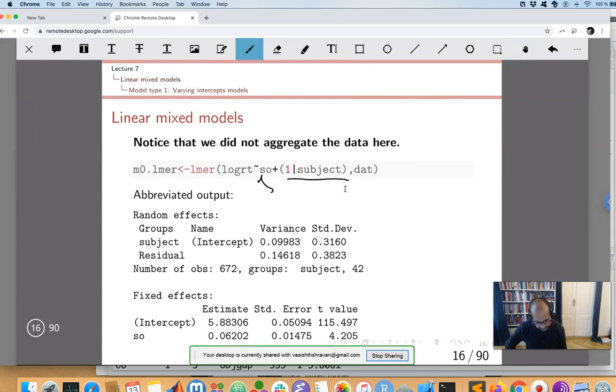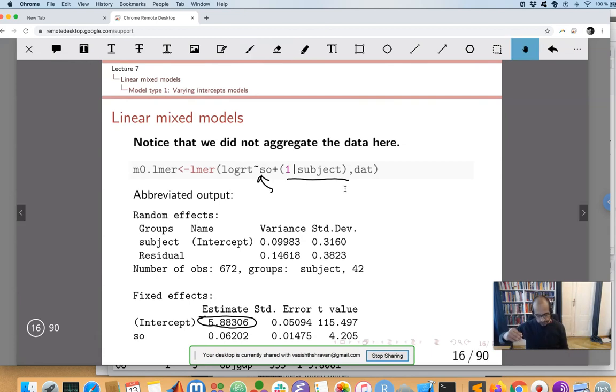Now I have done the correct sum contrast coding. What this code is doing is adjusting the grand mean intercept. Remember that the intercept is the grand mean.